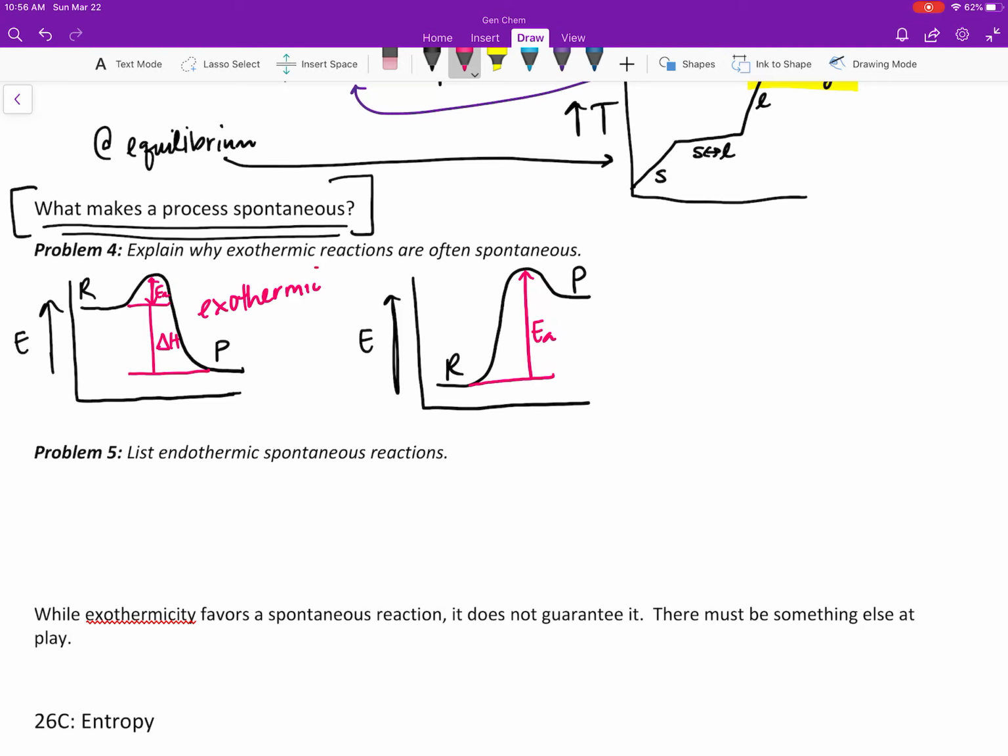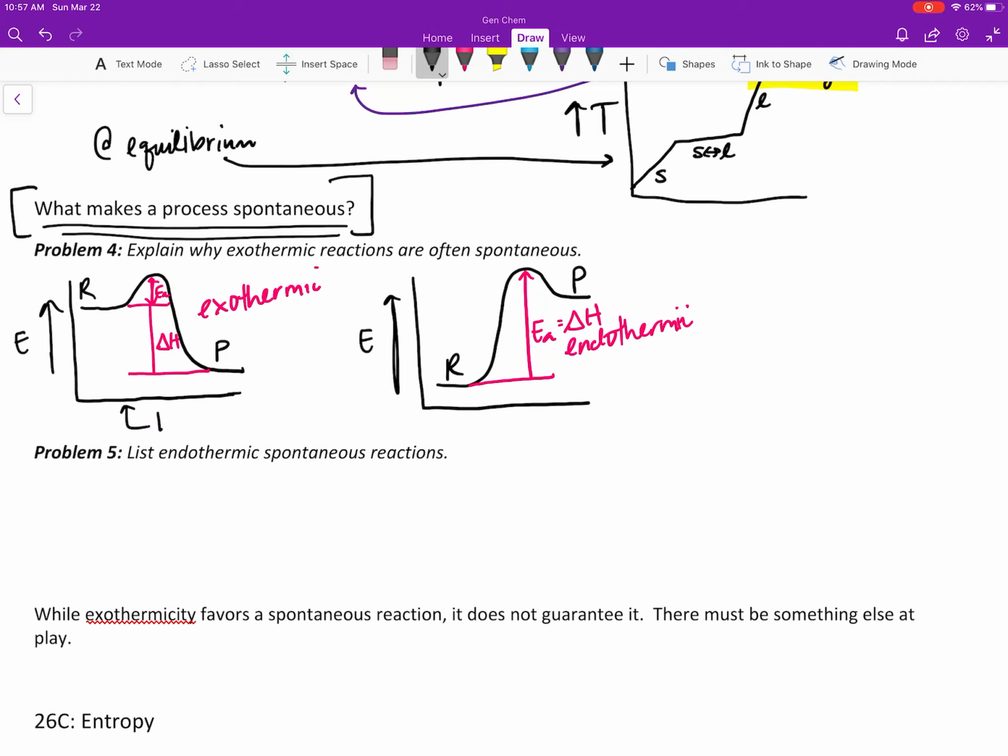And then I should have used a different color, sorry guys. And so this was our endothermic reaction. Okay, so in this case, why is an exothermic reaction often spontaneous?